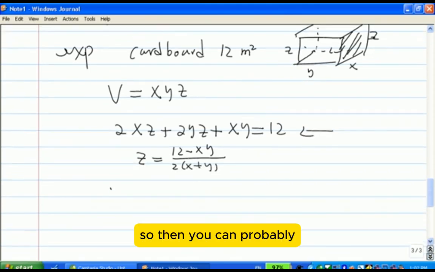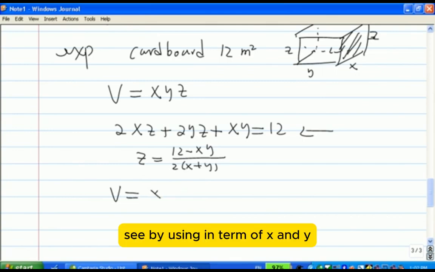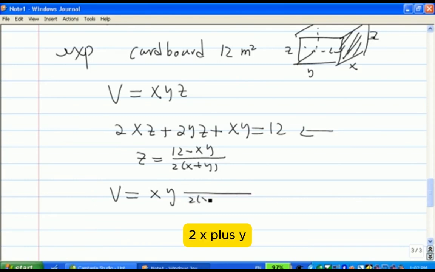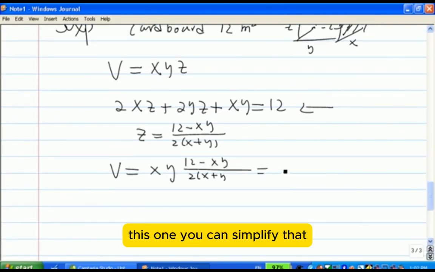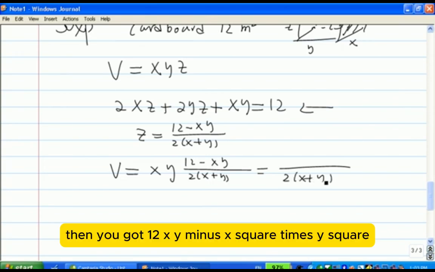So then you can plug in z in terms of x and y. So you got things like that, and this one you can simplify. That gives you (12xy minus x squared times y squared) over (2x plus y).